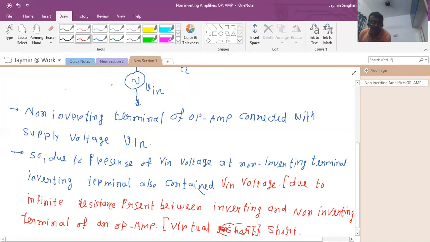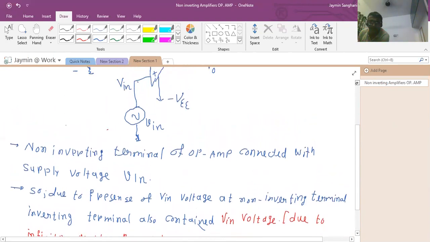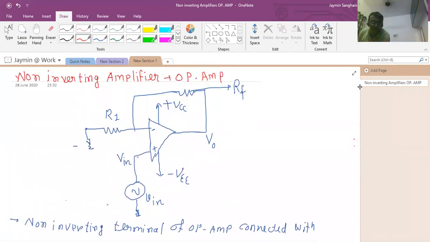Now see, if you can see this diagram, here if V in voltage, here also voltage is V in.